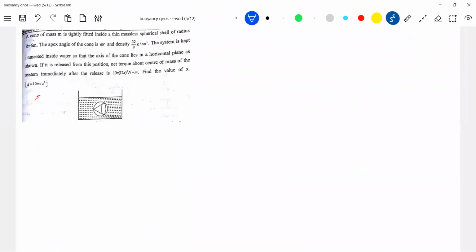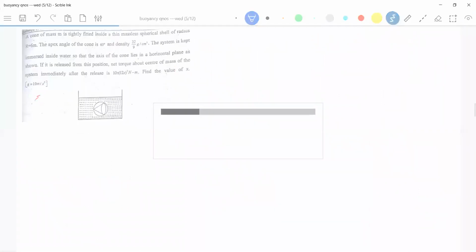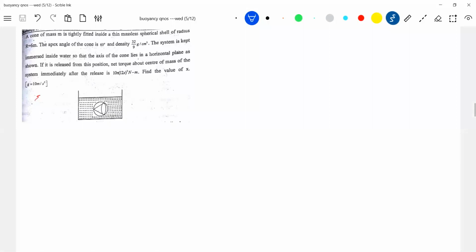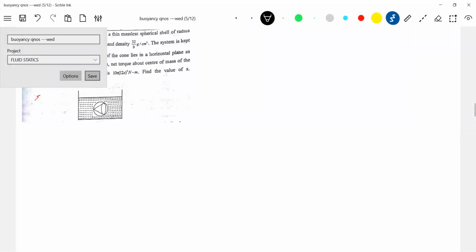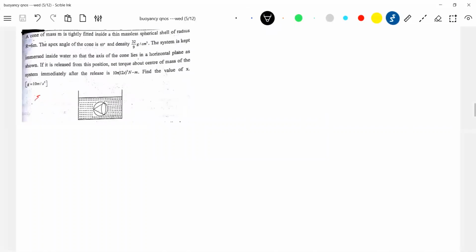Read the question now. Very fast you recollect, somewhere you have come across diagrams of this kind.